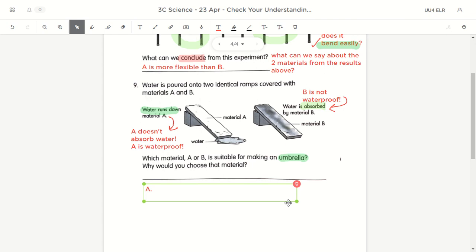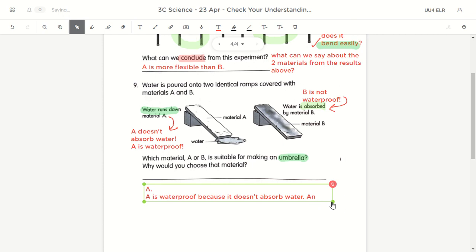Because A is waterproof. This is the evidence. And how do you know it's waterproof? Because it doesn't absorb water. A is waterproof because it doesn't absorb water. So why must an umbrella be waterproof?